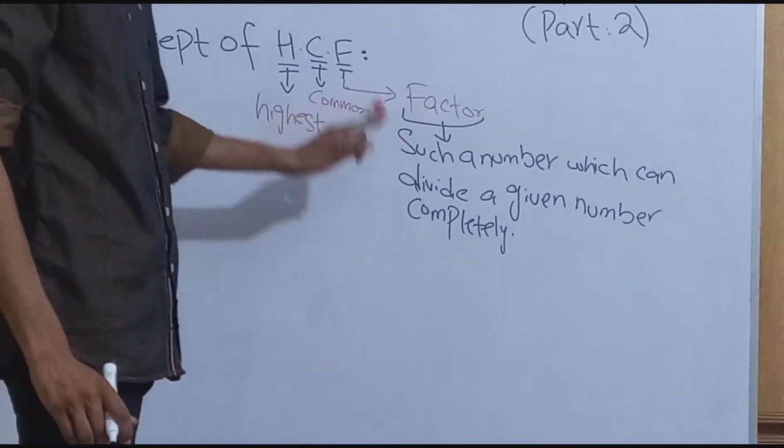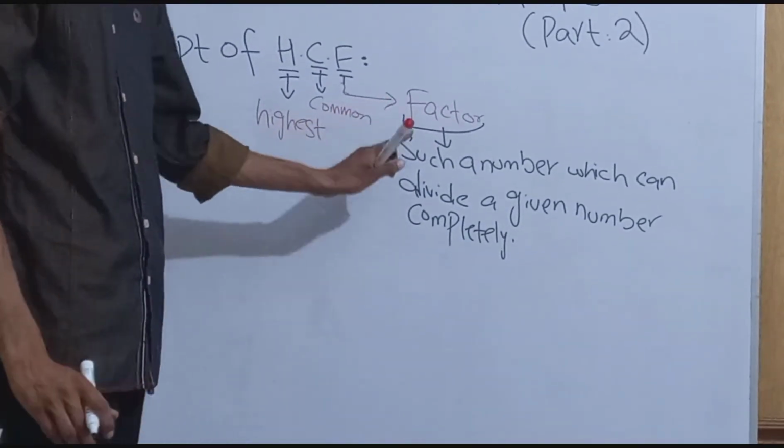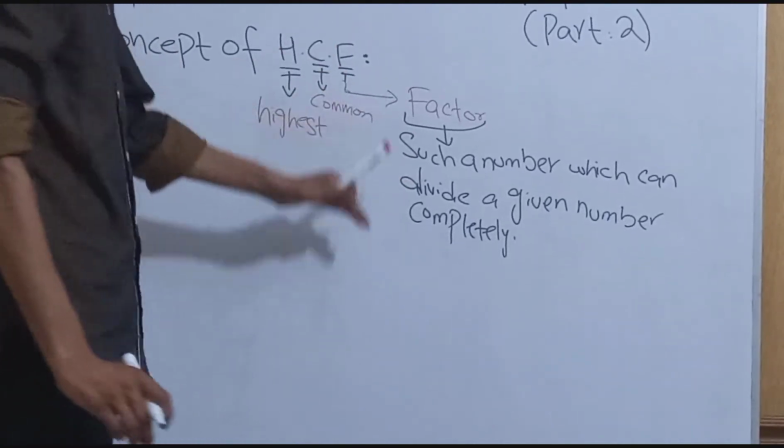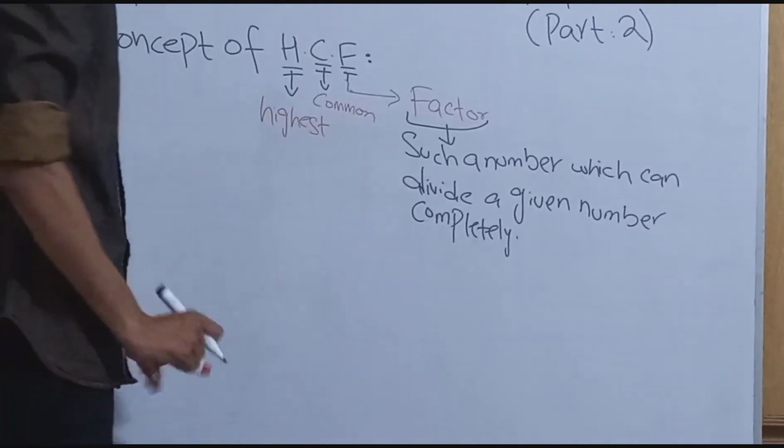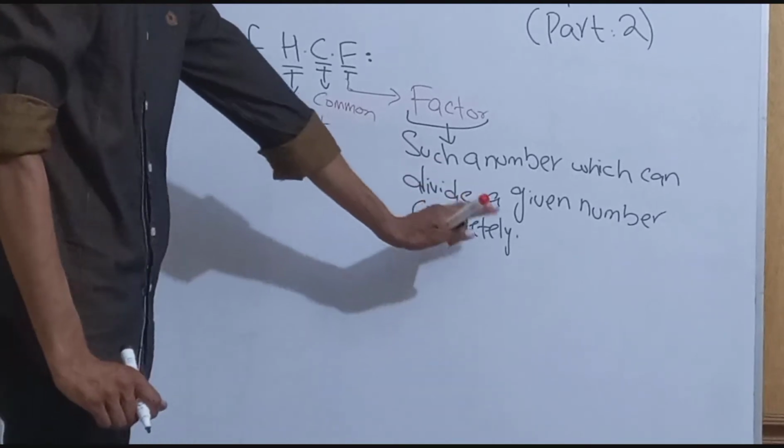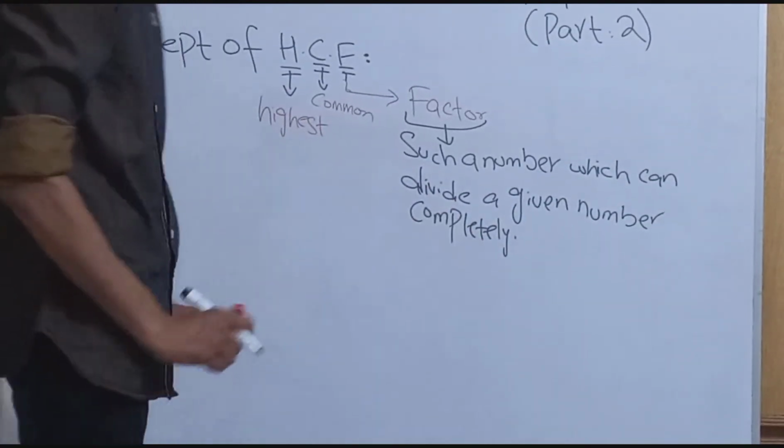I have already made a detailed video on what is a factor. The link is given below in the description. So a factor is such a number which can divide a given number completely.